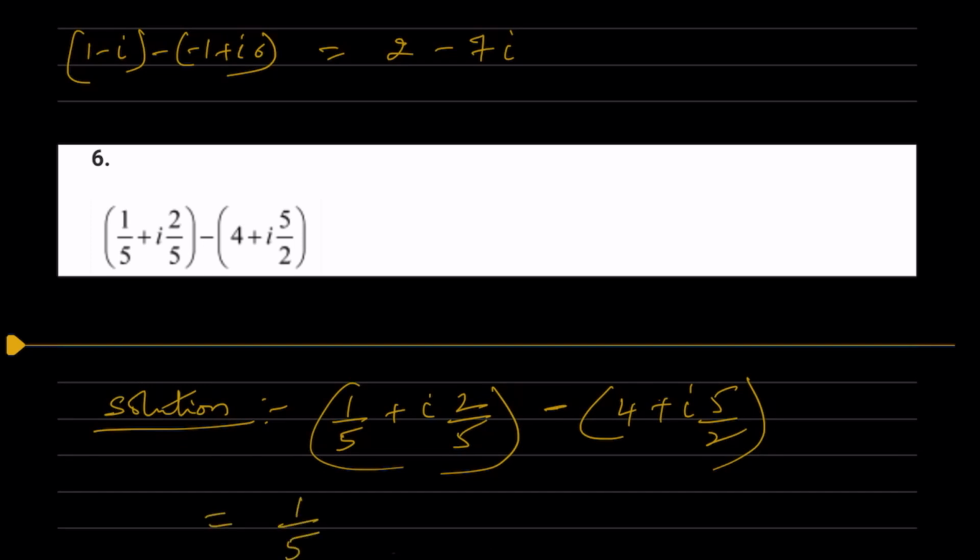Here it is equal to 1/5 plus i into 2/5 minus 4 minus i into 5/2.